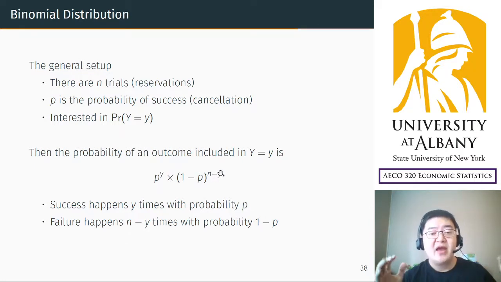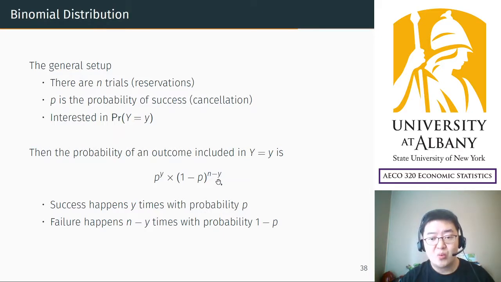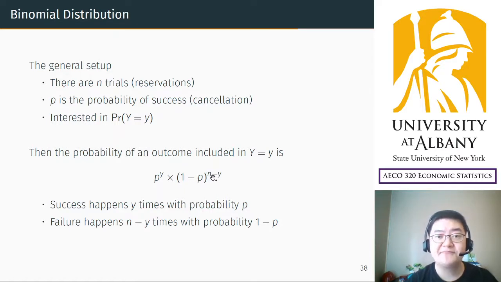There were n reservations, but y of them are cancelled, which means the other n minus y reservations are not cancelled. So in general terms, success happens y times with probability p, so p is multiplied y times. And failure happens n minus y times, and its probability is 1 minus p, so 1 minus p is multiplied n minus y times.